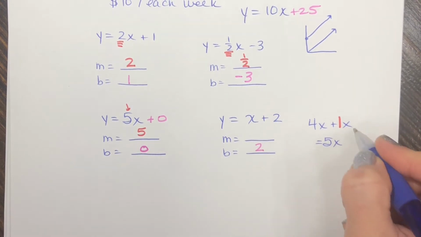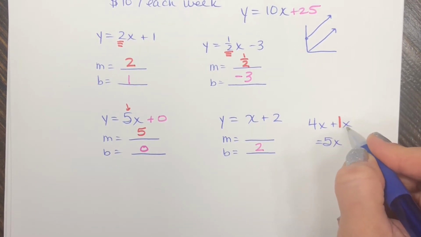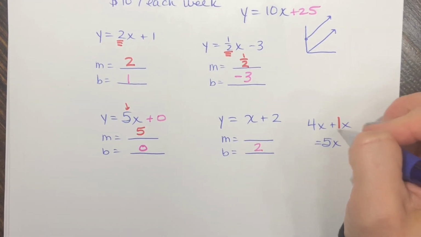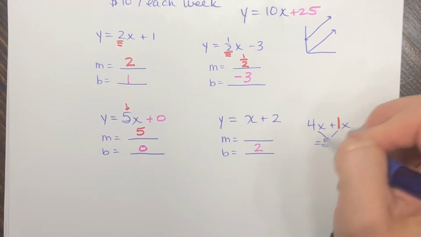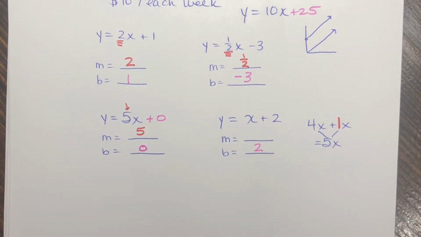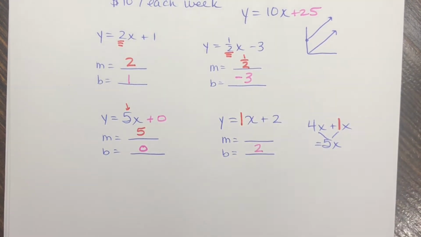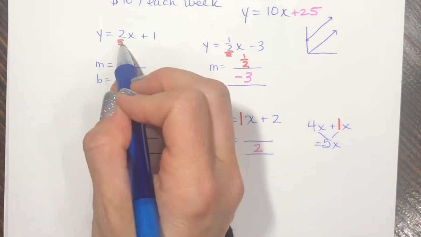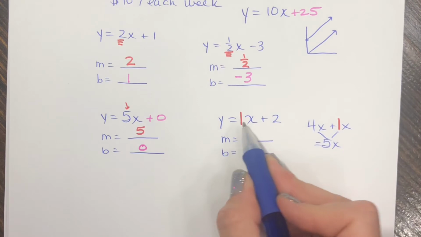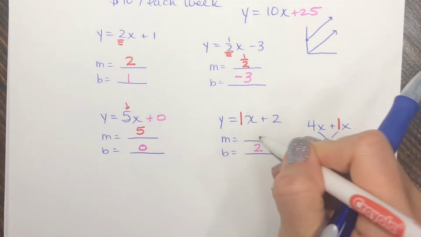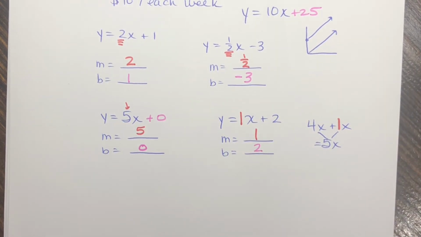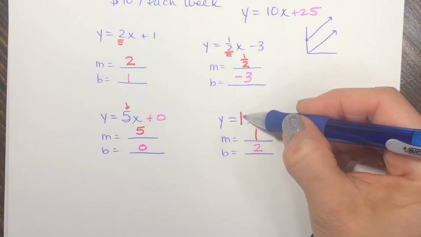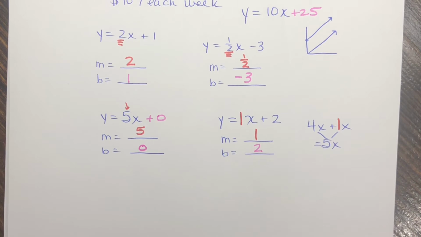Because when a variable does not have a visible coefficient, you know that it is an understood one. And so you added 4 plus 1 is 5. So the same rule applies here. We're still operating under the same assumption when I don't see a coefficient, like I saw a 5 here or a 2 here or a 1/2 here. When there's nothing there, you are to assume that the slope is 1, which means I had $2 and I'm saving 1 per week, okay?